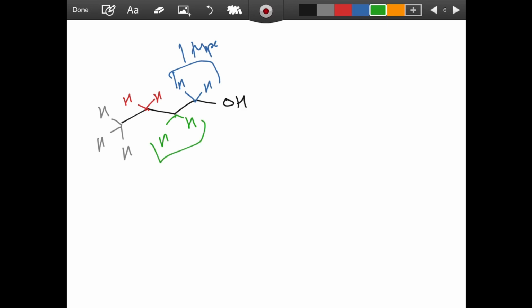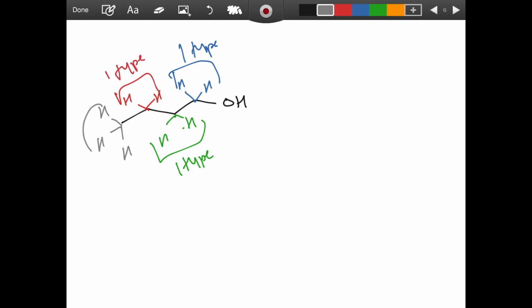The green hydrogens are closer to the OH than the red hydrogens, or you can think about it as the green hydrogens are beside a CH2 and a CH2, while the red hydrogens are beside a CH2 and a CH3. So they're not in the same environment. So this is going to be a type here. The red ones are going to be a type.